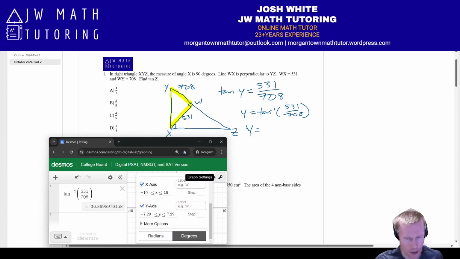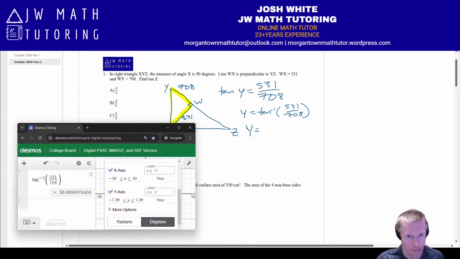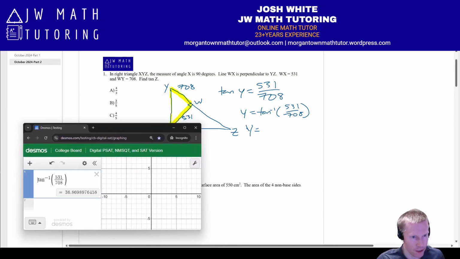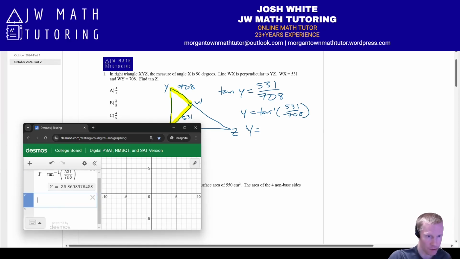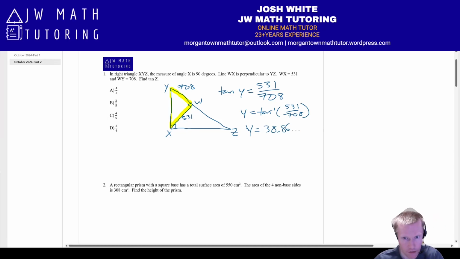Click the little wrench icon and then choose degrees. Okay, so there we go. It's 36.86. What I'm going to do next is define this as y. That way I can carry through this value without having to worry about typing everything out and getting the exact value of it. So if you want to write this down, 36.86, dot, dot, dot.